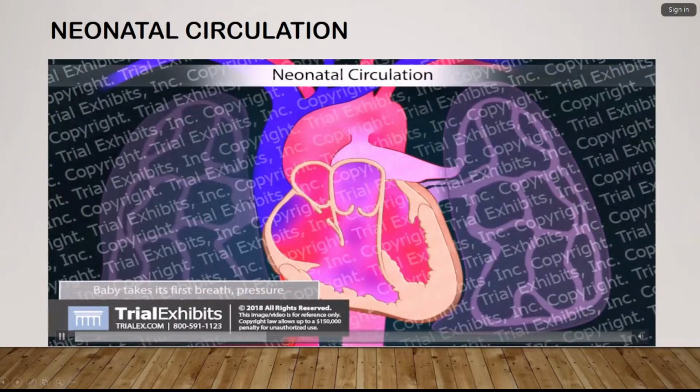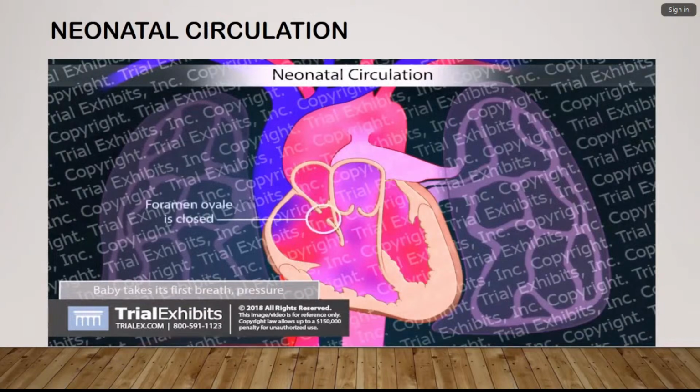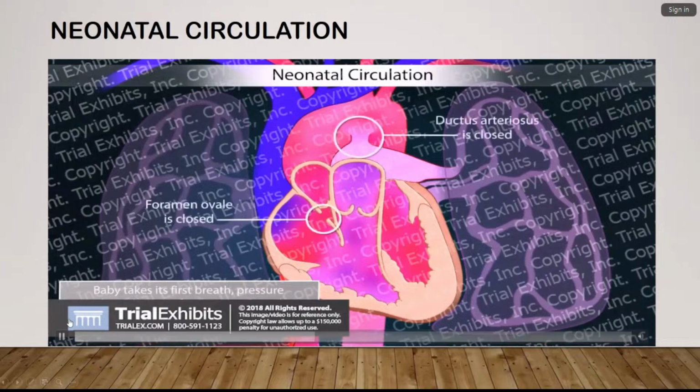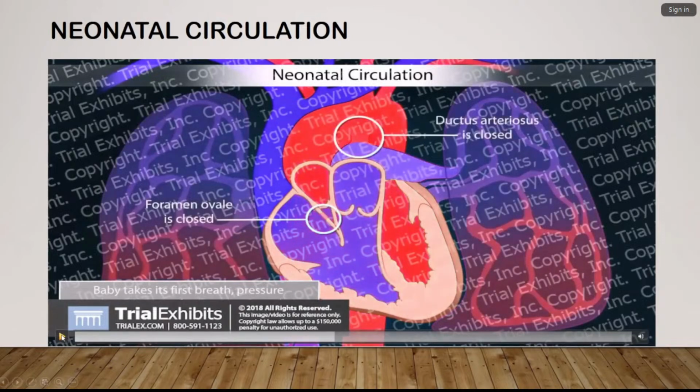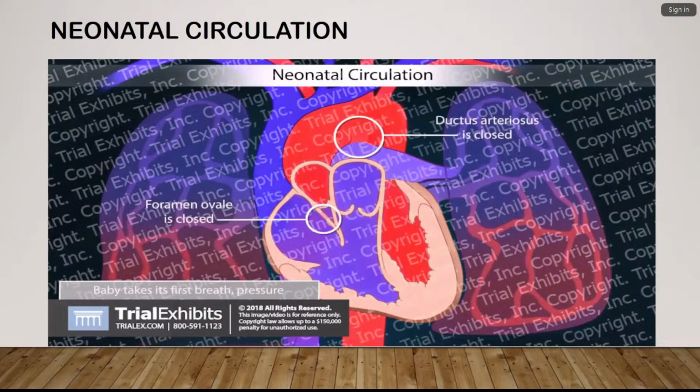In neonatal circulation, the foramen ovale is closed and the ductus arteriosus is closed. The mechanism for this closure is that after the first breath of the baby, there is a decrease in pulmonary vascular resistance with an increase in pulmonary blood flow, which leads to increased left atrial filling, and there is closure of the foramen ovale.